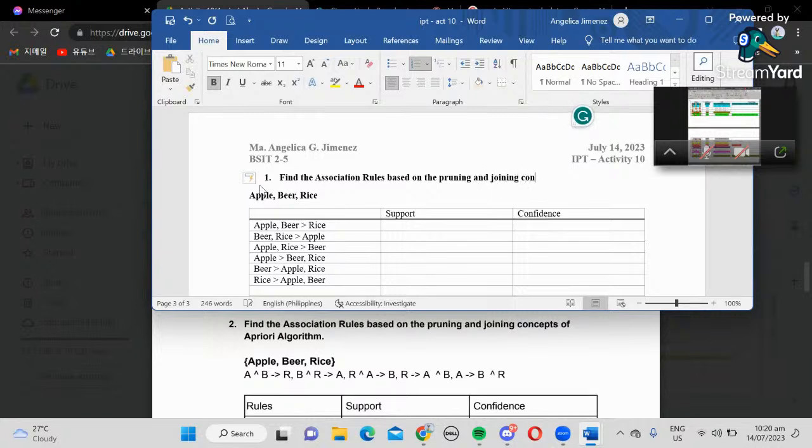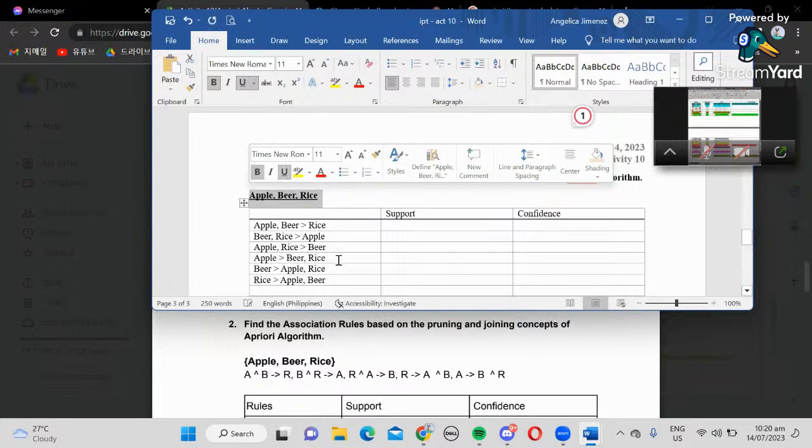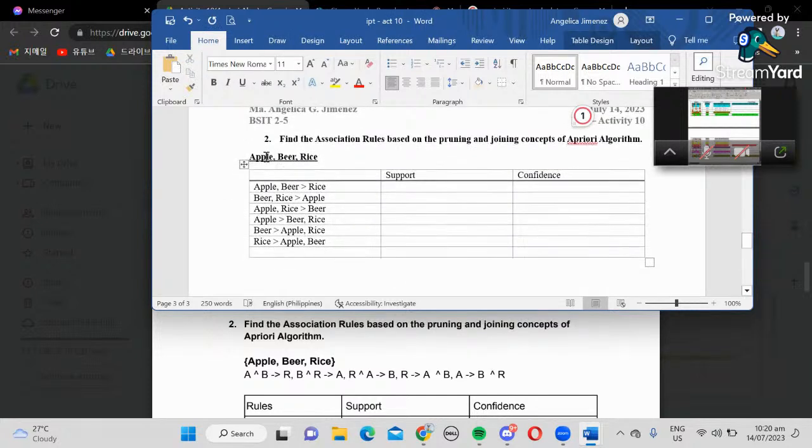Then 1 minus 0.25 over 1 minus 0.5, and the answer is also 1.5. Okay, so 50%, very high lift as well as very high conviction.